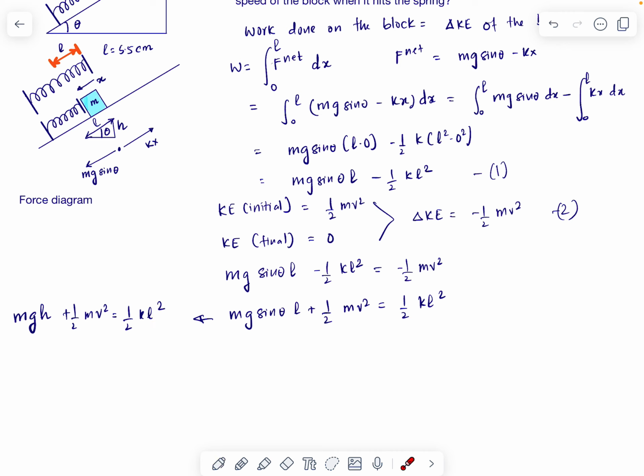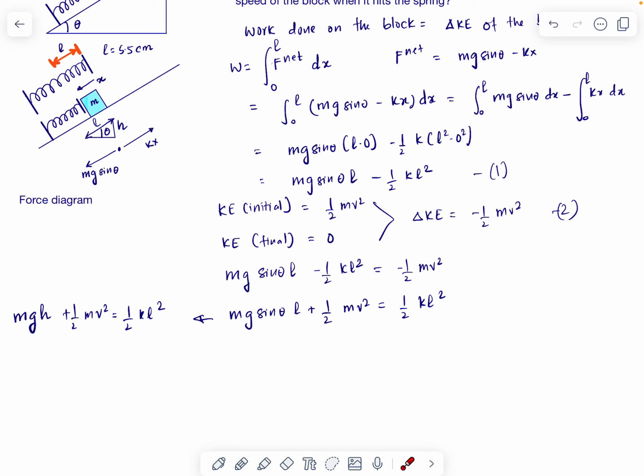The expression on the left is just the initial energy of the block, because it has a potential energy of mgh. When it hits the spring right here, its velocity is v, so its kinetic energy is half mv square. So the total energy of the block to begin with is mgh plus half mv square.